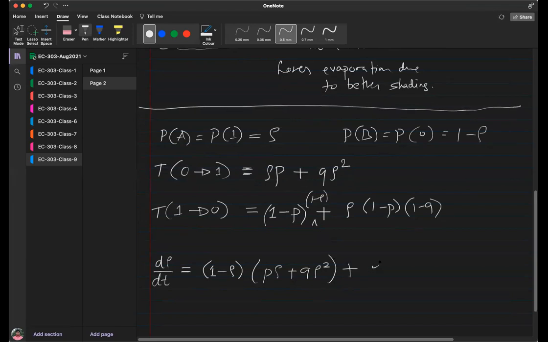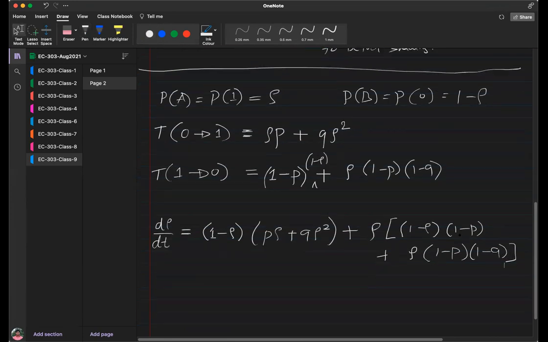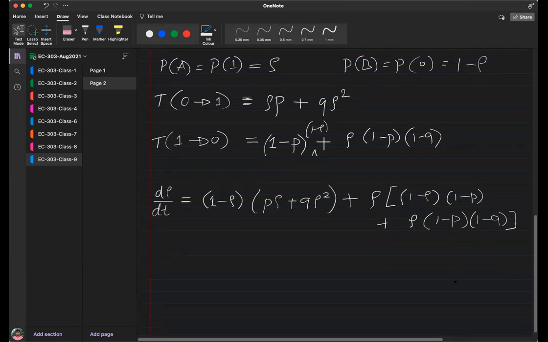And then if it is occupied, there are two ways that can happen. The neighbor must be unoccupied, and in such a case, the probability will be 1 minus p. But if the neighbor is occupied, it will be this. This is the mean field equation for the model with facilitation.